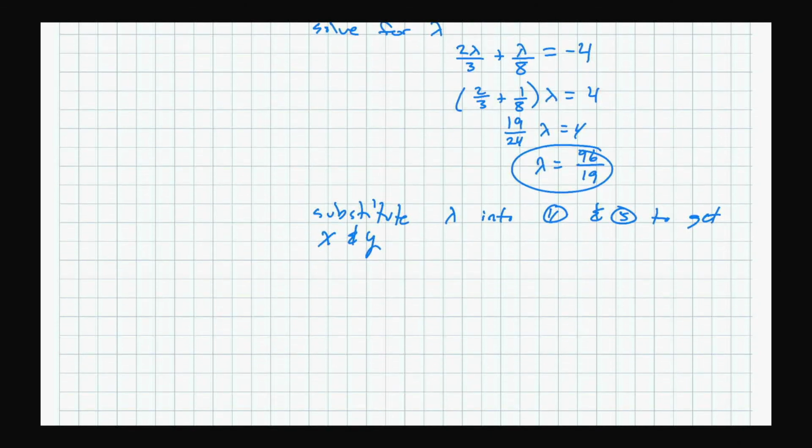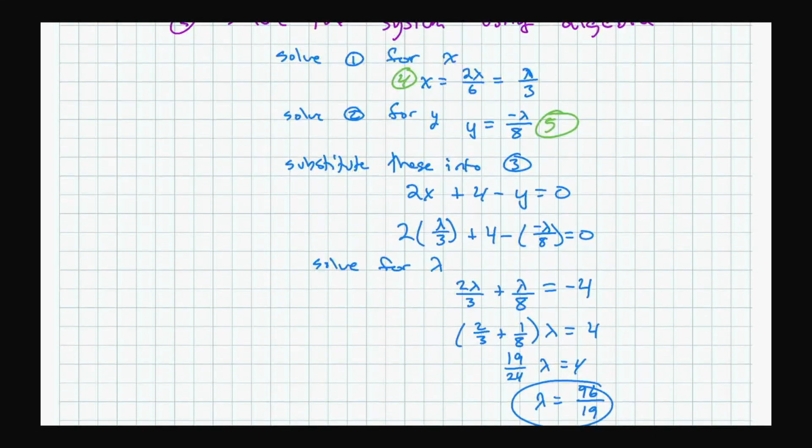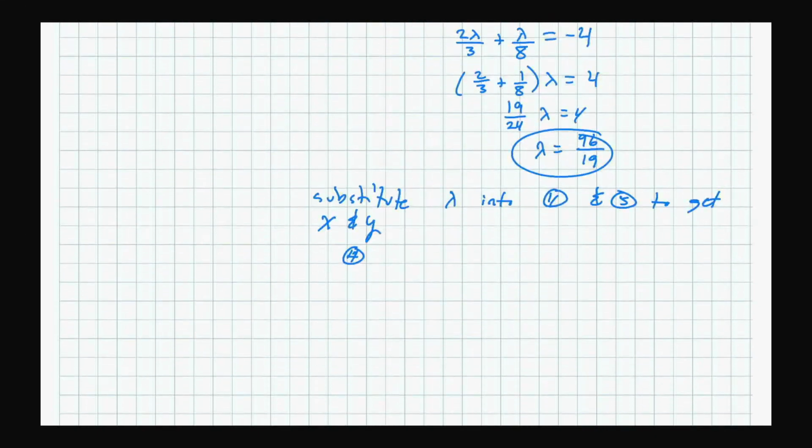So what was 4? 4 is x equals lambda over 3, which is 96 over 19 over 3. So you go 96 over 19 over 3, you get 32 over 19. Looks familiar.